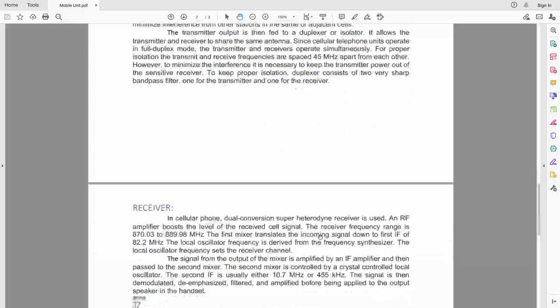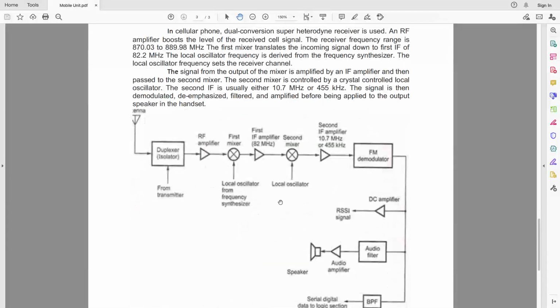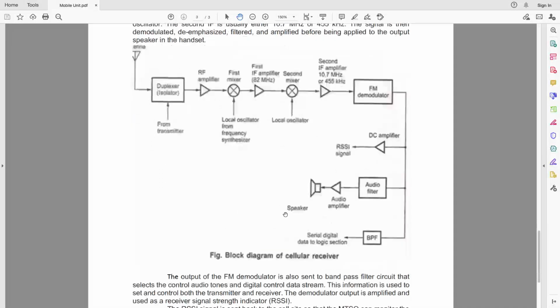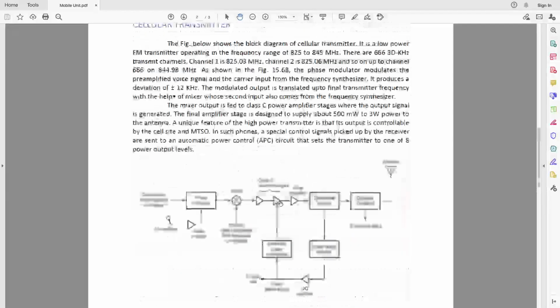Now we are going to see the receiver part of the mobile handset. In front of you, you have a diagram of the receiver of the mobile phone unit. So what is the function of the receiver?